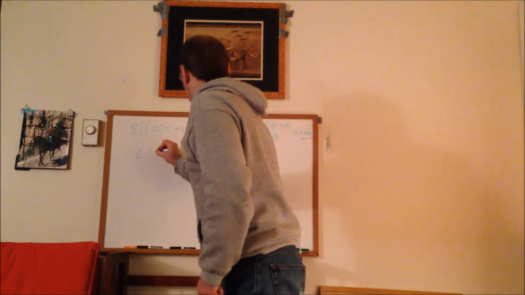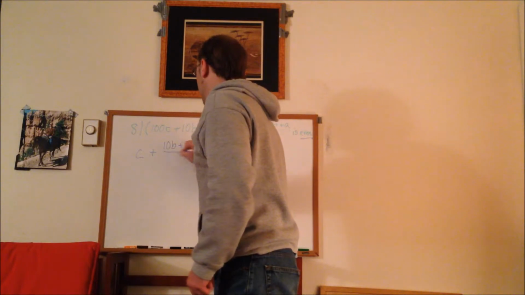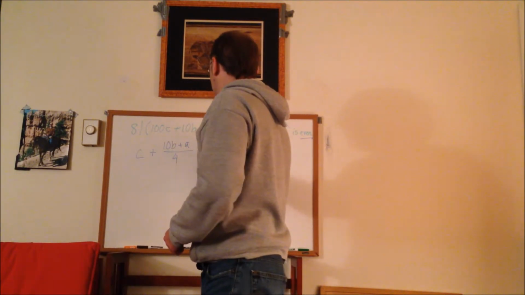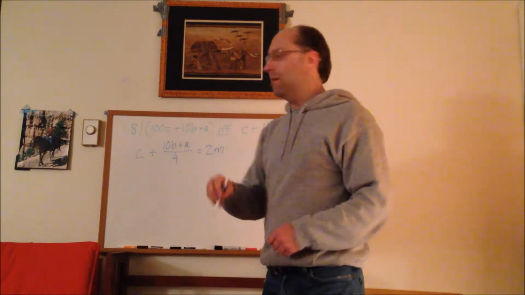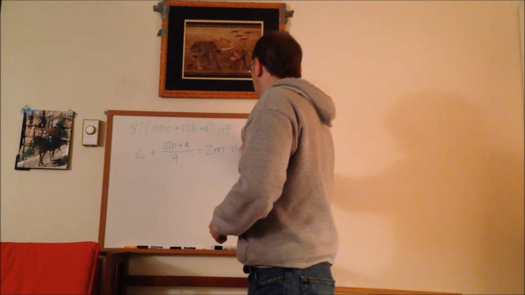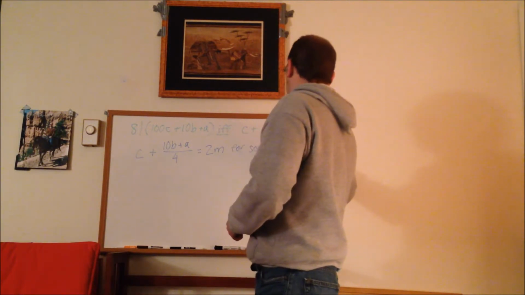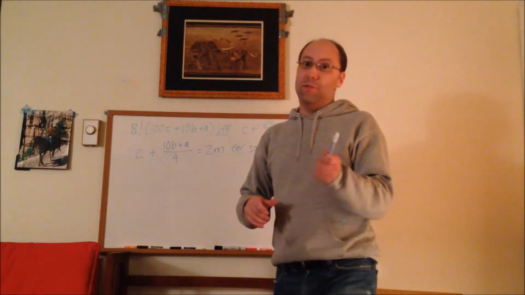So we're going to say that C plus 10B plus A as a quantity over 4 is 2M. Again, we're going to use M to not confuse it with K, for some integer M. You'll impress your teachers if you know how to prove stuff.